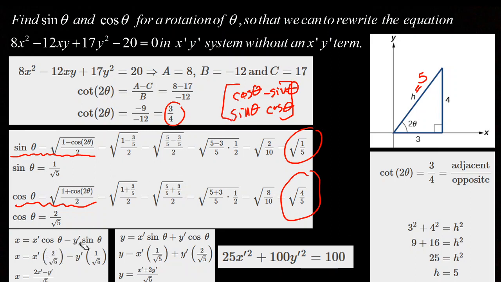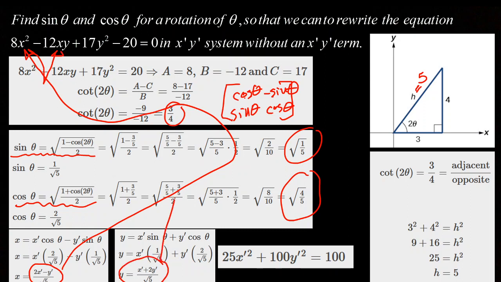So we substitute what cosine and sine are. And now, this is the simplified form of these, right? So we're going to take that and substitute it in here and also in here for x, right? And then we're going to take this and substitute it in here for y, right?